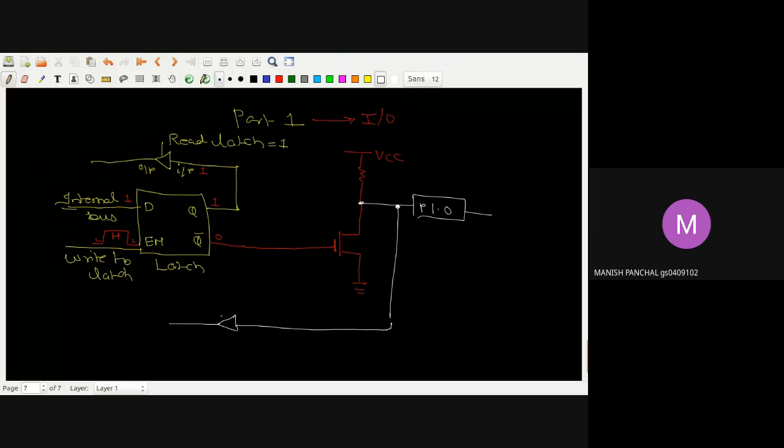Okay, this tri-state buffer, and they have connected this one to this internal bus. अब अपन इसको वन बाय वन देखेंगे ऐसा करने से हुआ क्या.